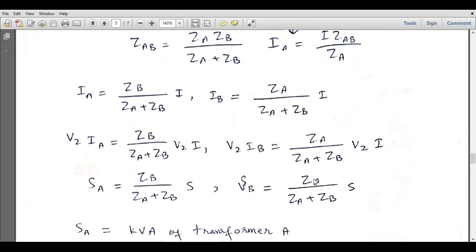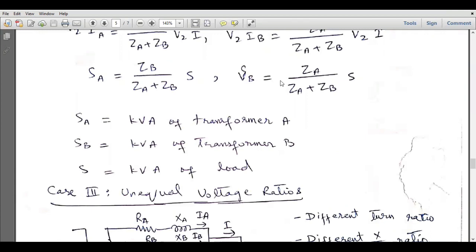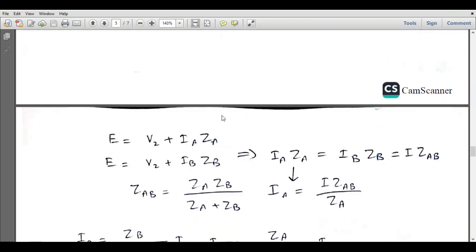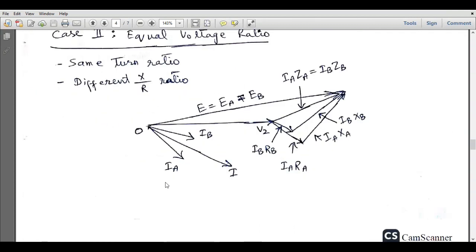Similarly, SB is equal to ZA divided by ZA plus ZB times S, where S is the kVA of the load. So these are the equations we have obtained as a result of parallel operation when we have two transformers with the same voltage transformation ratio but different X over R ratios.